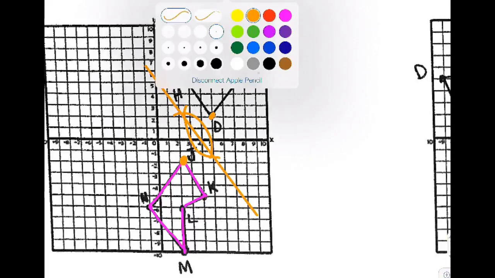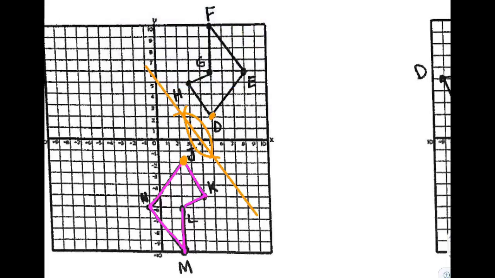Then you could take another pair of corresponding points, which might be E and N, and give me those in the middle. And what you'll end up with, and I'll help you out here, is a center of rotation at 3.5.